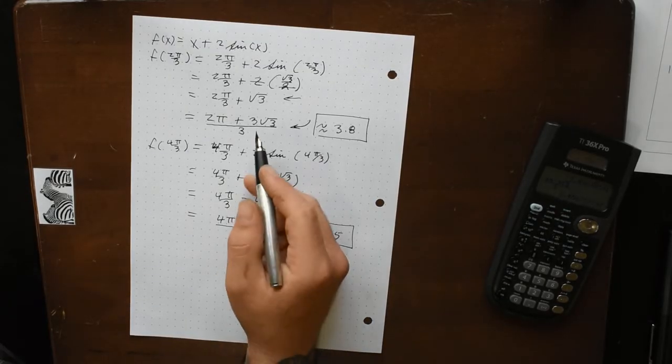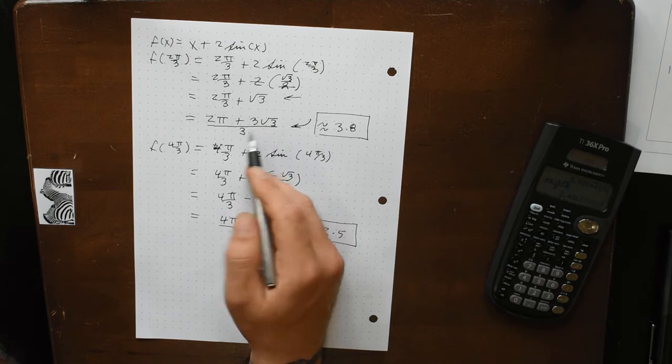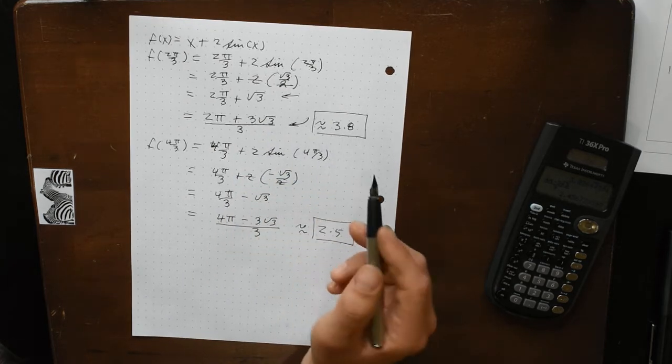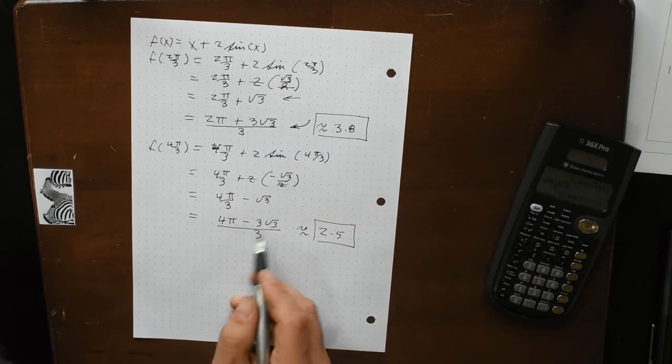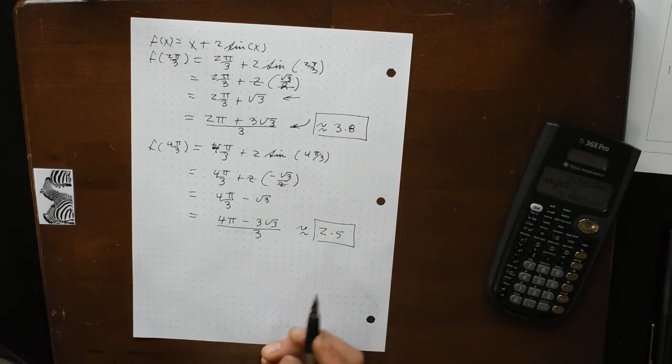So, plugging these into calculators, 2 pi plus 3 root 3 all on 3 is about 3.8, and 4 pi minus 3 root 3 all on 3 is about 2.5.